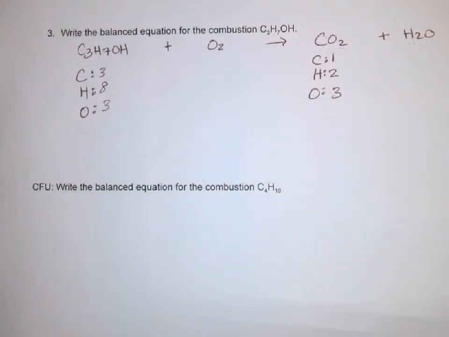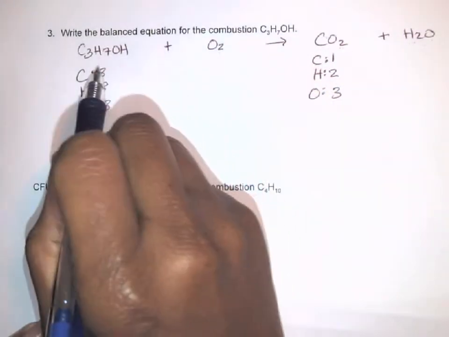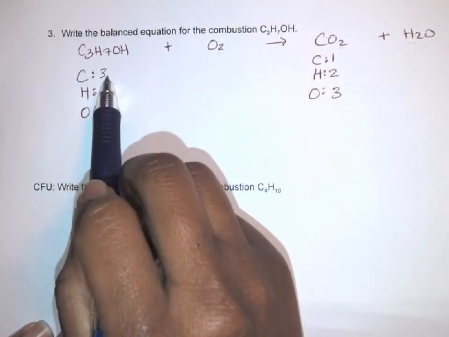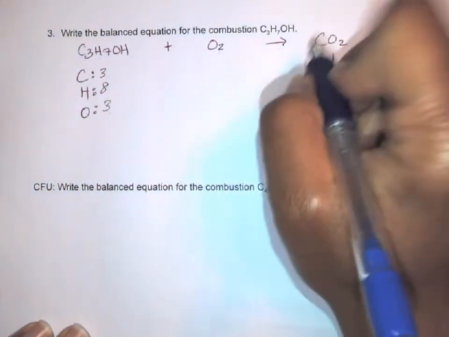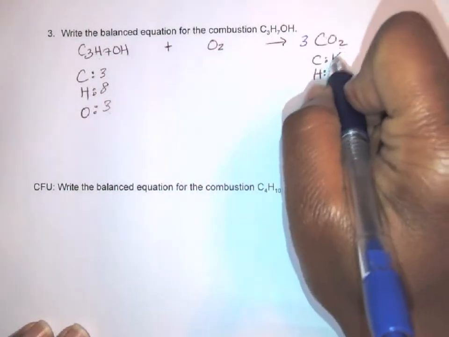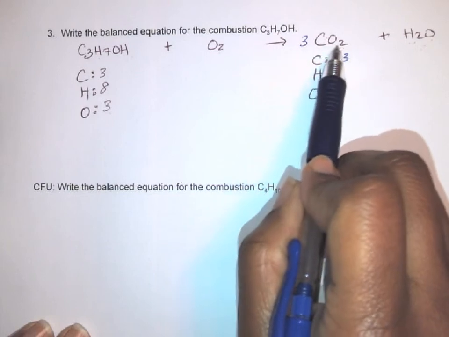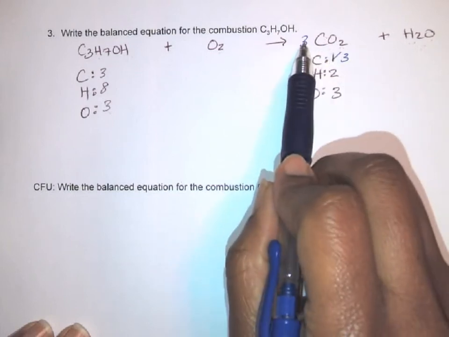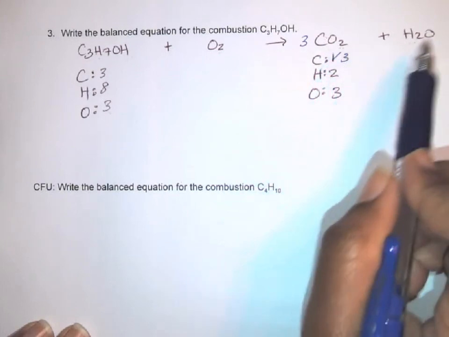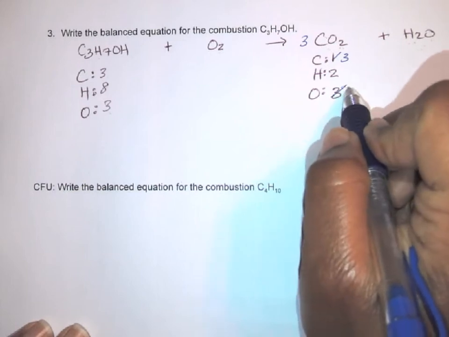Okay, so now I want to start balancing the equation by changing the coefficients, remembering to balance my oxygens last. Starting with carbon, I have 3 on the reactant side. If I want 3 on the product side, I use a coefficient of 3 in front of CO2. Then I remember to change the number of oxygens, because I have 3 times 2, which is 6, plus the 1 gives me 7.